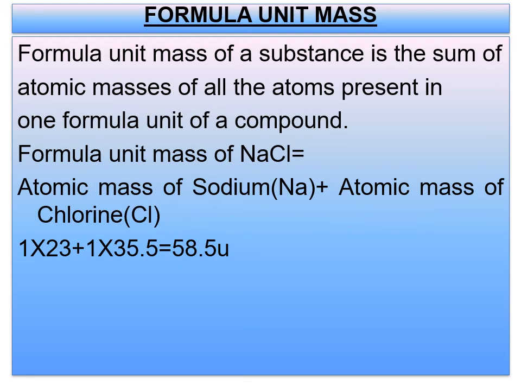So children, next one is formula unit mass. Here you have to remember what it is. The formula unit mass of a substance is the sum of atomic masses of all the atoms present in one formula unit of a compound. If I go with one formula unit of NaCl, it means one Na plus ion and one Cl minus ion.